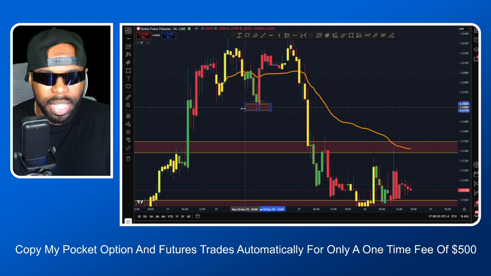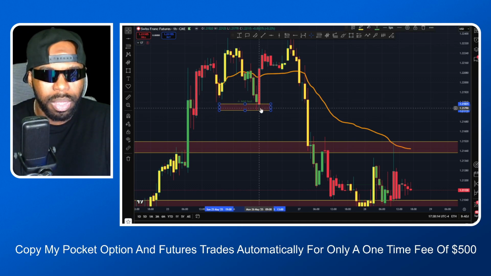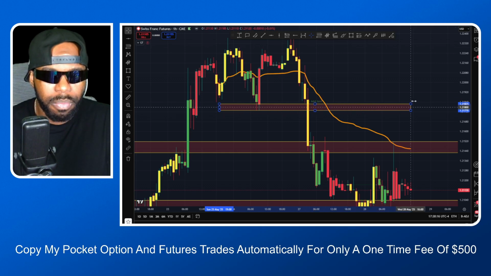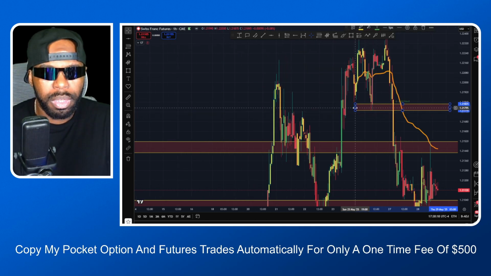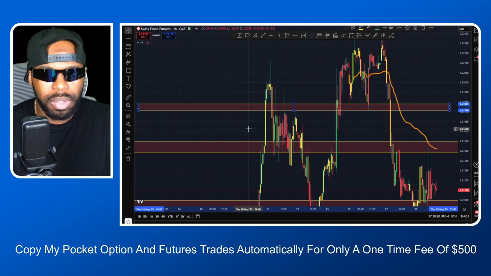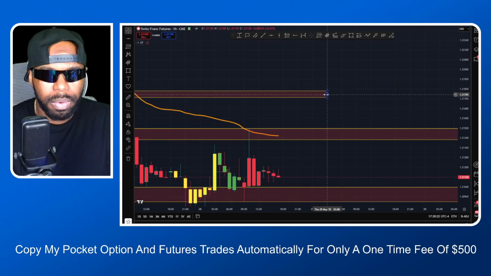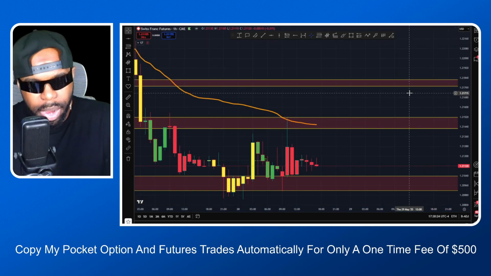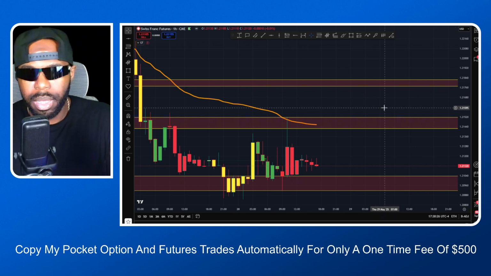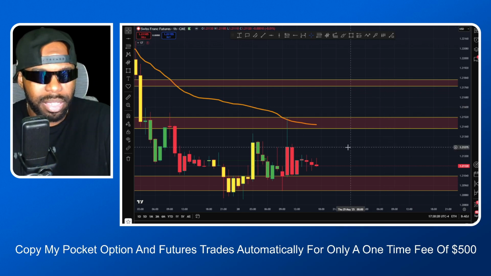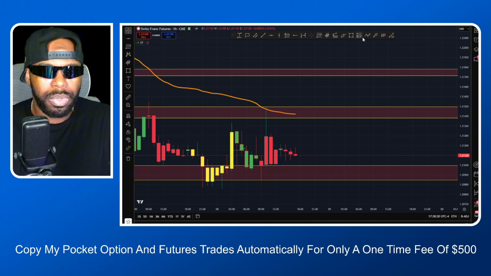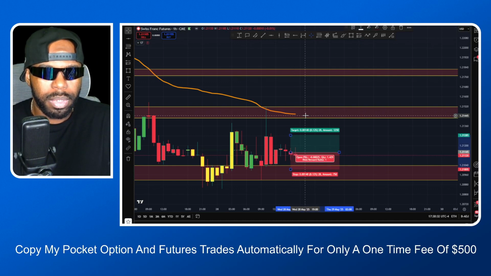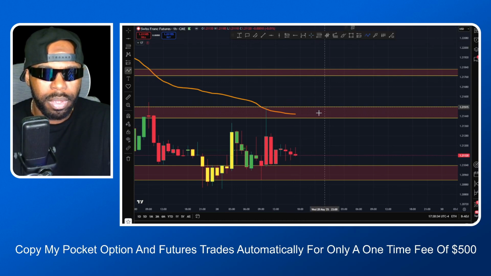Remember, the red candle lets me know that this was in the U.S. session. So you can also trade off of previous U.S. session highs and lows. Depending on how price is moving during today's Asian session and London session, you can also take a trade right here.